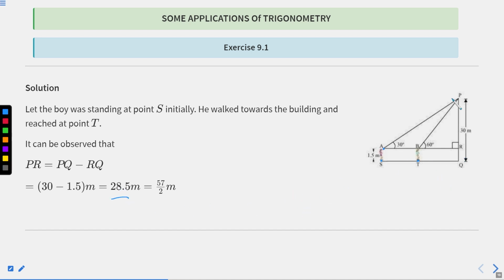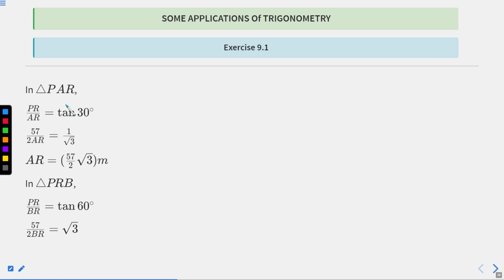Okay, so PR is equal to 28.5 meters, and you can write this as a fraction, this is equal to 57/2 meters. Okay, so this is equal to 57/2 meters. And now in triangle PAR, here tan 30 degrees is equal to PR by AR, and we found the value of PR is equal to 57/2.